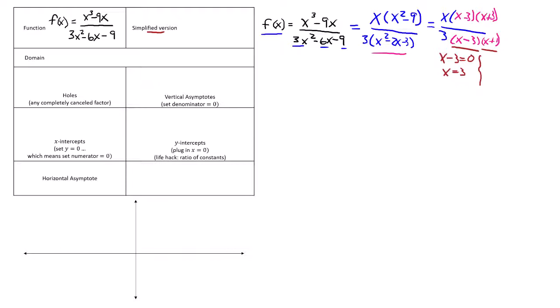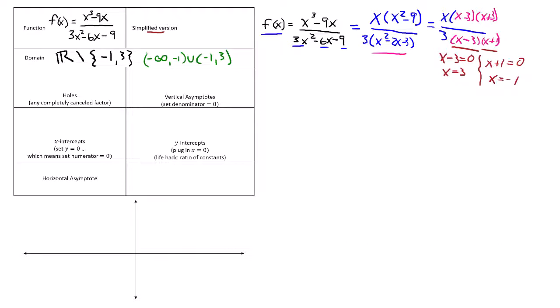So x is equal to negative 1. Our domain is all real numbers except for 3 and negative 1. Alternatively, in interval notation, it's negative infinity to negative 1, union negative 1 to 3, and so on, and both of those are parentheses, not brackets.